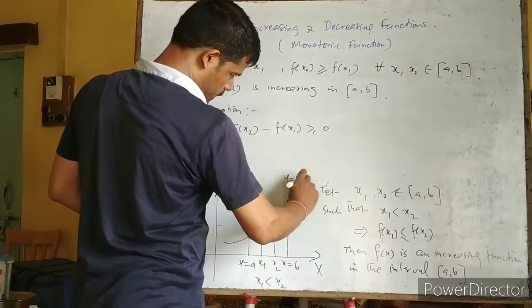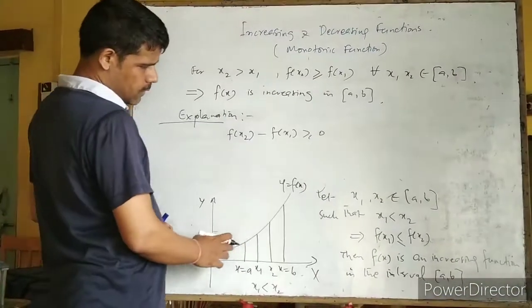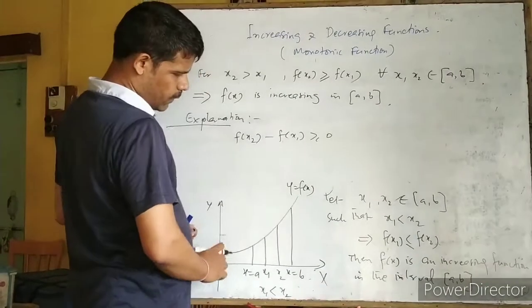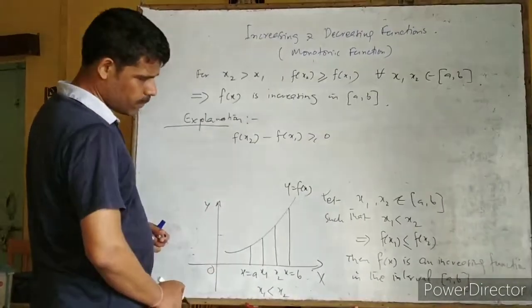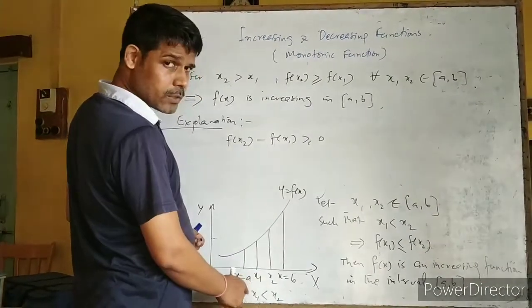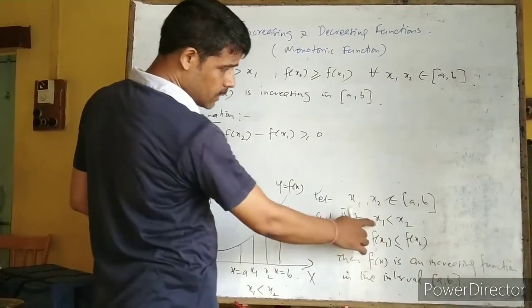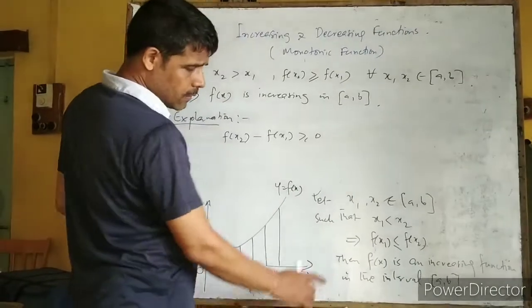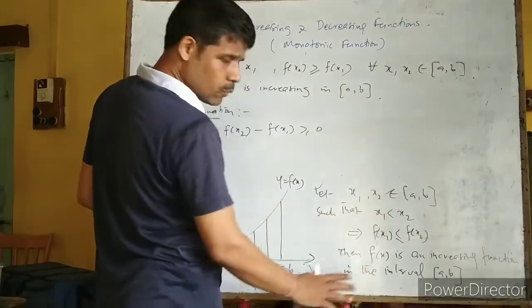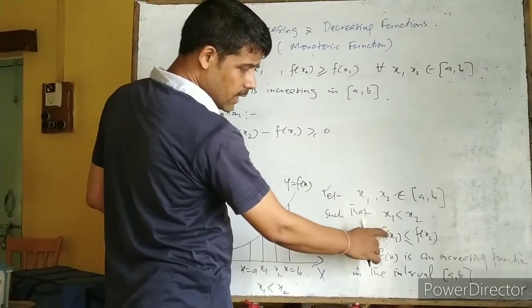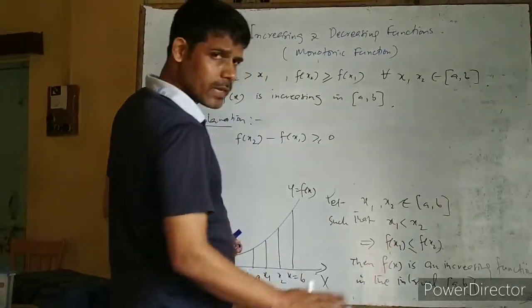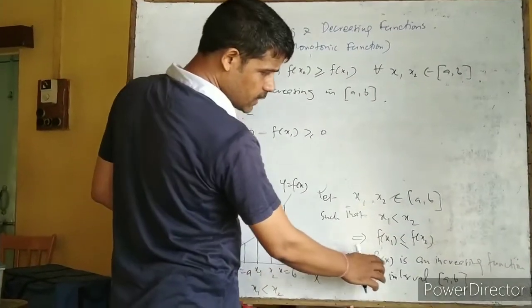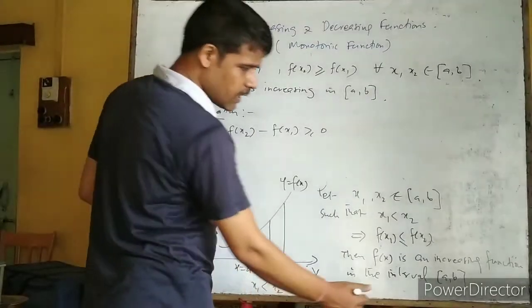Y equal to f(x). So this y equal to f(x), if you look at, this is very simple. We have taken x1 and x2 in such a way that x1 is less than x2 in the interval AB. So if x1 is less than x2, giving us f(x1) less than or equal to f(x2), then the function is an increasing function in this interval.